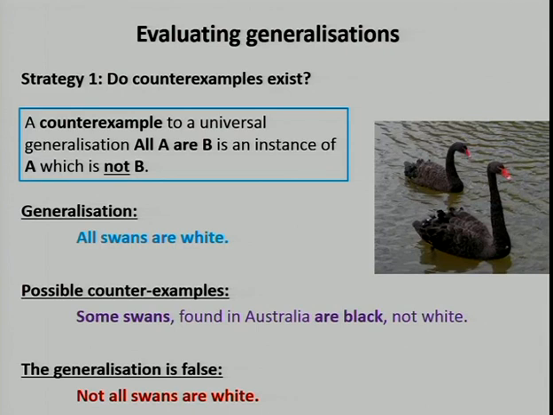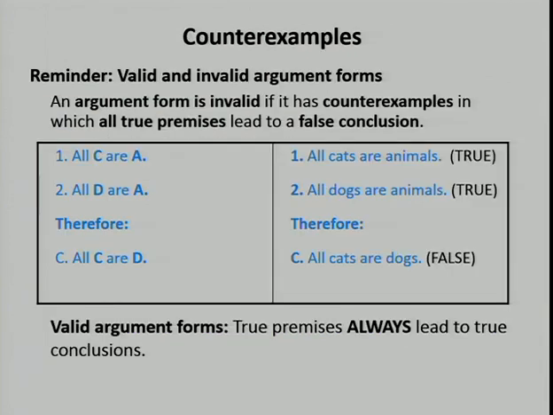But it fits in nicely with what we were saying earlier, right? If you remember what we were saying about the strategies for finding out whether an argument is valid or invalid, we said exactly the same thing. Say you have a general form, and you don't know whether it is valid or invalid. Then you try to find a counterexample where all true premises lead to a false conclusion.